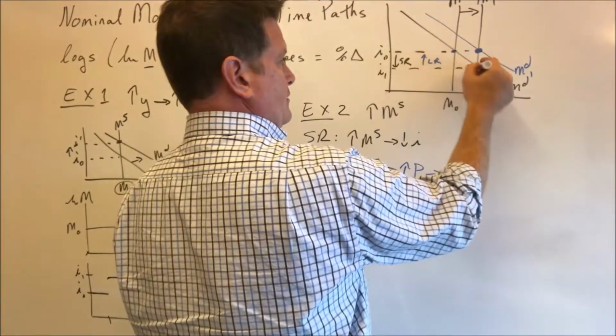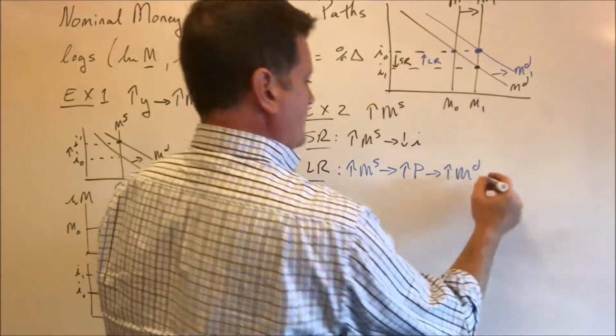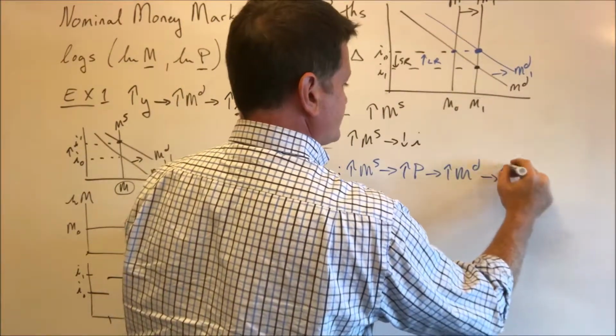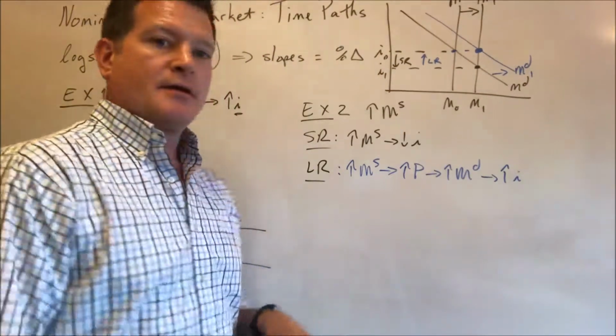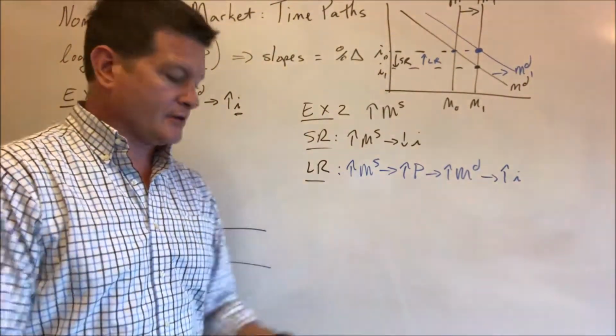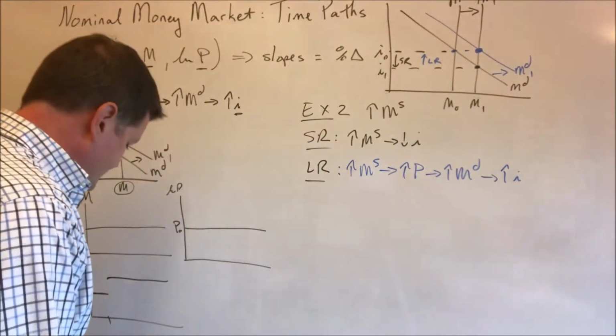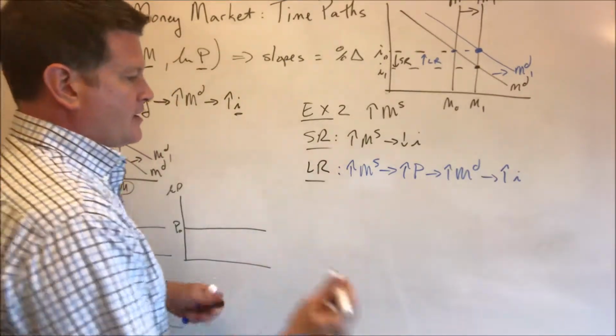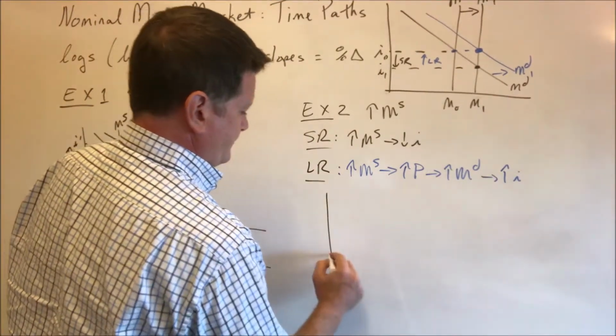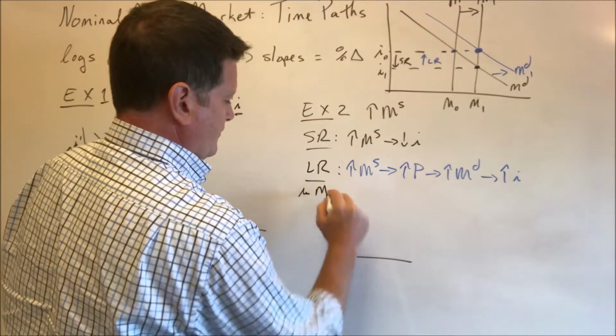So we went from here to here to here. This pushed interest rates back up. Now those are handy notes, but it turns out that the time paths really make a very clear and interesting story. So now we have money supply.